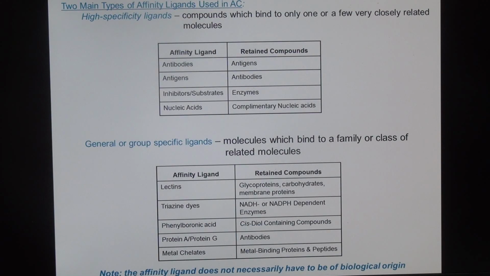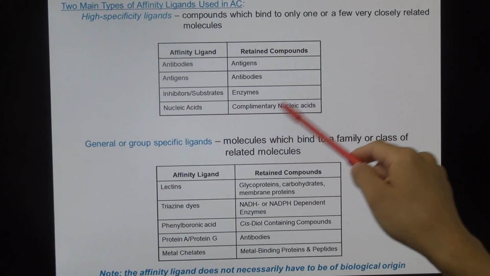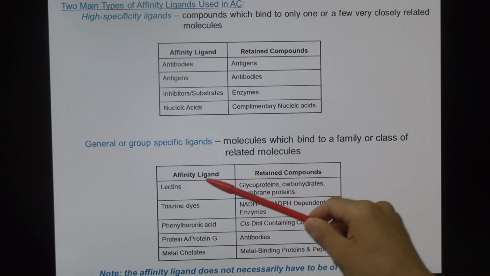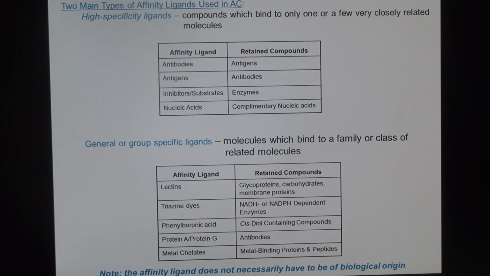Mostly these are biological molecules, but sometimes they can be used for other types of molecules. It does not necessarily have to be biological molecules. If there are specific interactions between support and solute, it is okay.